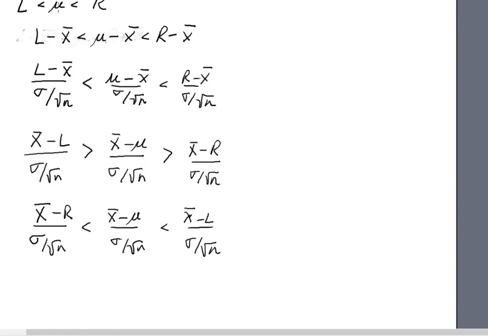The probability of mu being between these two is the same as the probability of x bar minus mu over sigma over root n being between these two things, and so that's equal to 1 minus alpha.